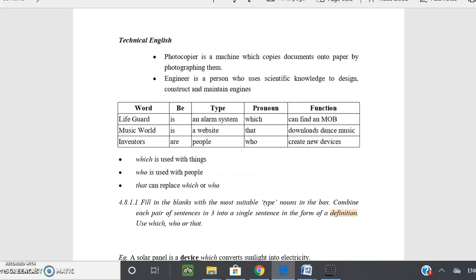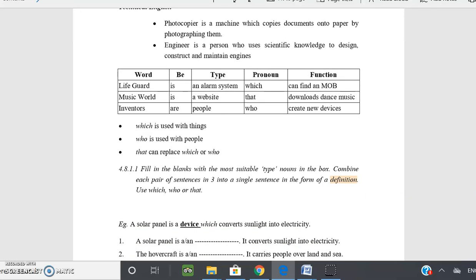For example, if you look at the example given in the book, "Photocopier is," so we have followed the rule. Photocopier is which does what. Then immediately comes a relative pronoun: which, that, who. We know that who is used for human beings, and which and that are used for non-living things. Sometimes that can also be used for living things. If you see the table, what points have I told?